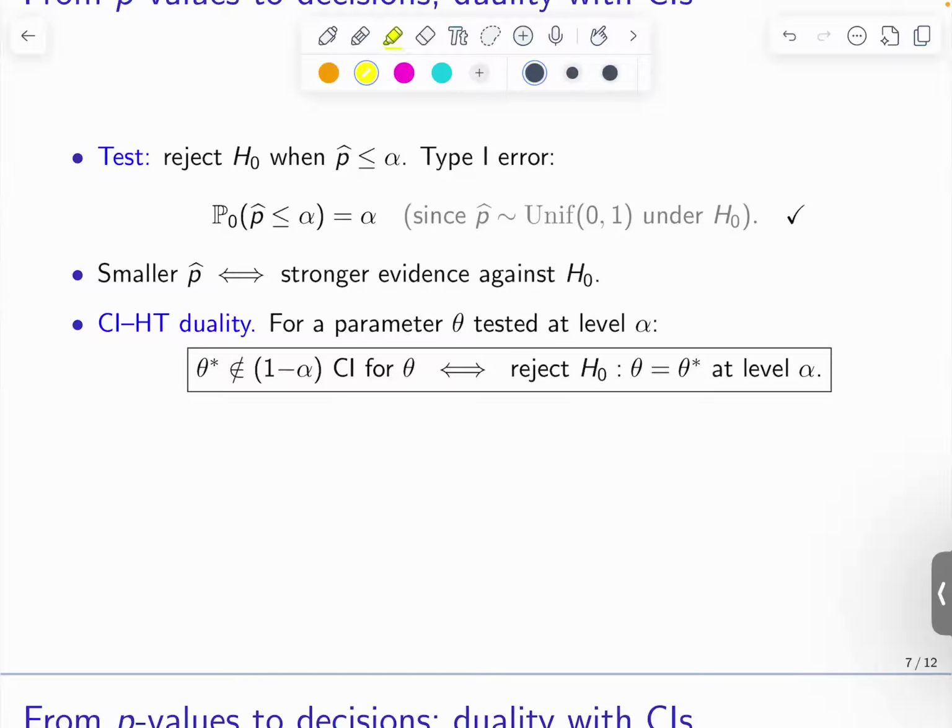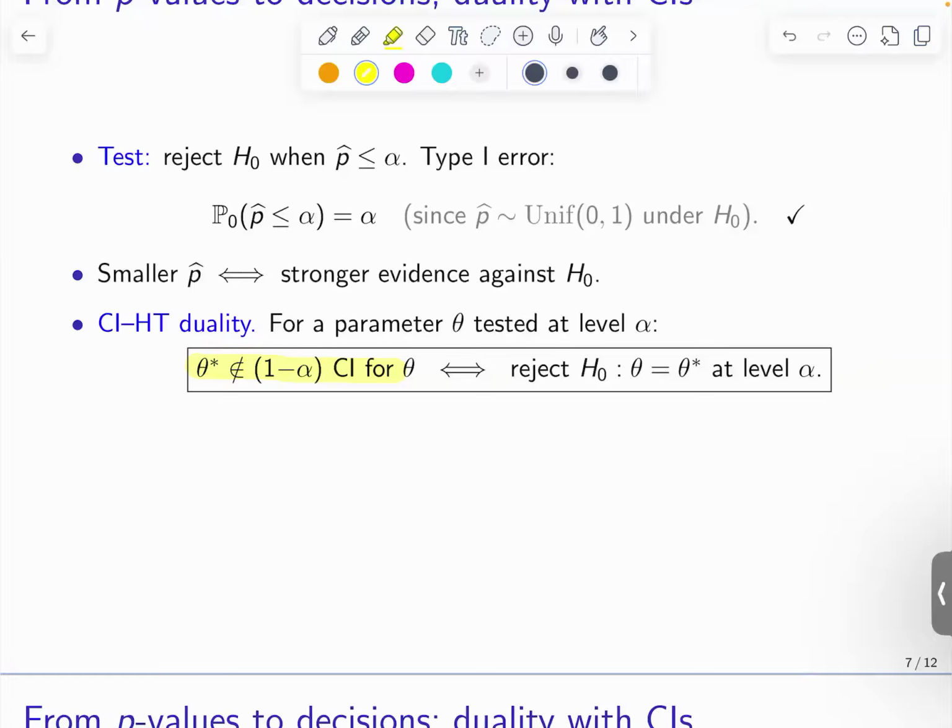So there's a duality between the confidence interval and hypothesis testing, and I'm going to be very brief, but you can easily argue it for yourself later. If I build a confidence interval for a parameter theta at level, let's say, 1 minus alpha, I can get a test of level alpha for theta being equal to theta star by just checking whether theta star belongs to that confidence interval or not.